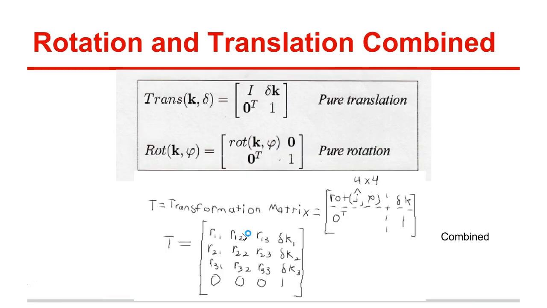So let's recap. We've talked about pure translation and we've talked about pure rotation. Like I said before, the whole reason we did augmented vectors is so that we can get it into the form where we can multiply with the translation matrix.